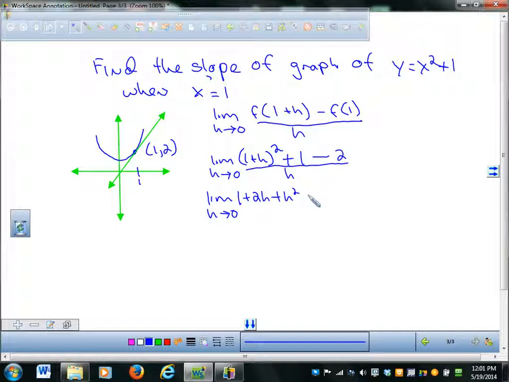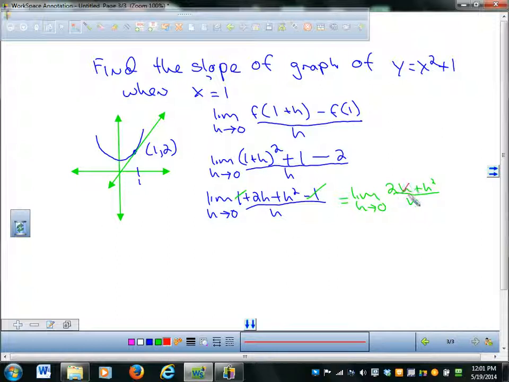makes what? Minus 1 over h. And then what goes in? Yeah, there is a limit. This goes away, right? And then I have the limit as h goes to 0 of 2h plus h squared over h. I would get 0 over 0, but what can I do?